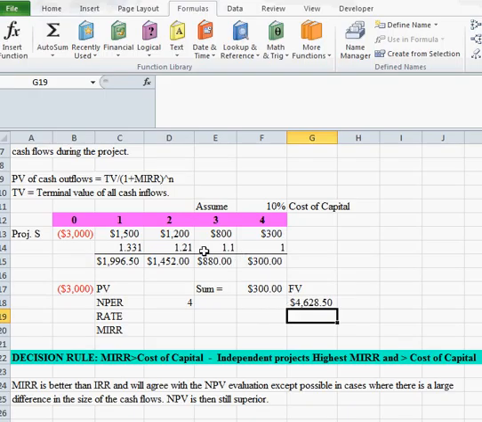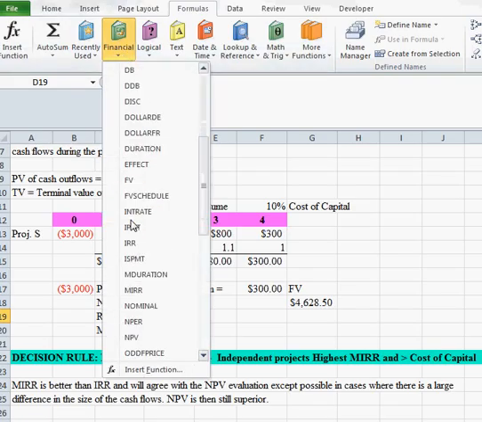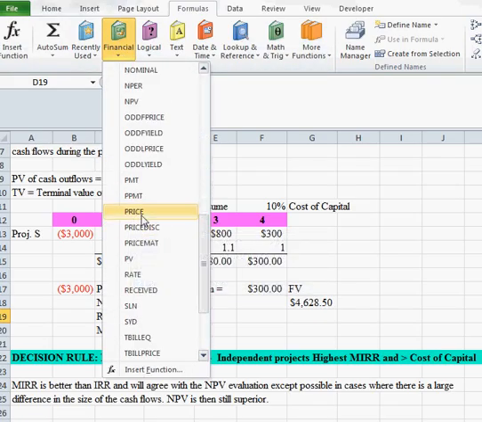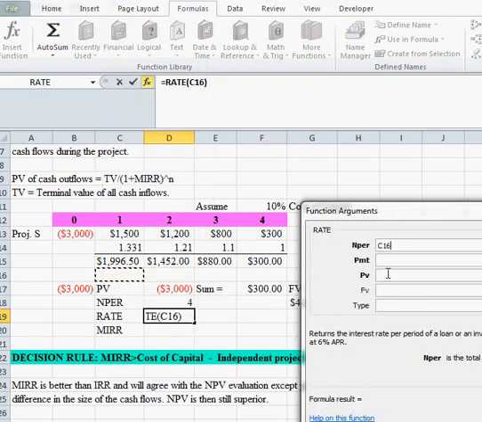The present value, we're going to use the negative 3,000. It's over 4 years, so we can determine then what rate we're returning on this project. So we use the rate formula from under financial. And the number of periods is 4. No payment.